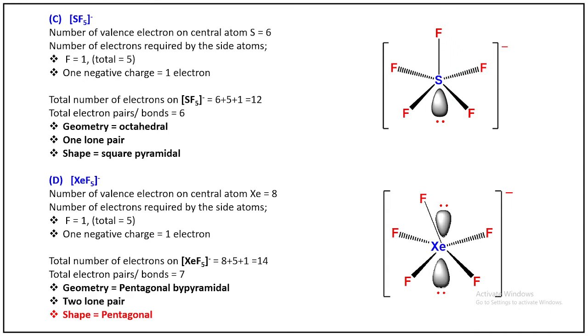Then we have only one lone pair, right? If only one lone pair is there, then from the pentagonal bipyramidal, only one place will be a lone pair and all the other places will be filled with atoms. Then the shape will be pentagonal pyramidal. Okay, I got it. You got it, no? Yes. Okay, fine.